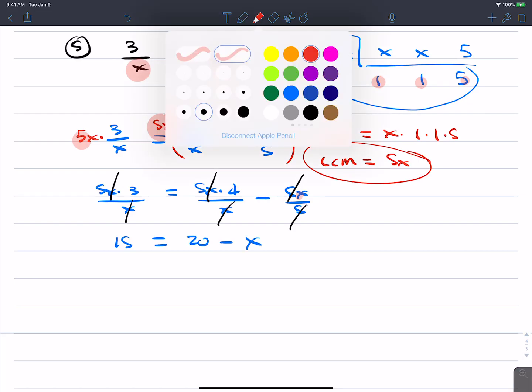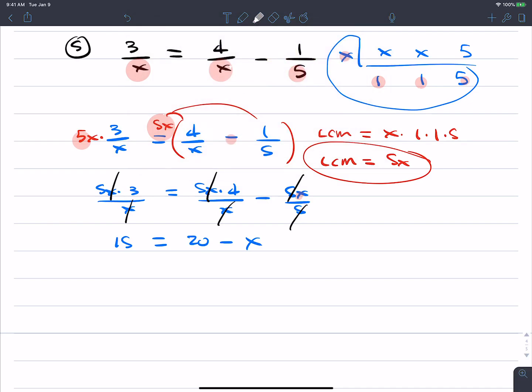Be very careful to see what's left. When you cancel, sometimes it's hard to see. You got a 5 here, you got a 3 there. Is that true? You got a 5 here, you got a 4 there. Here we have an x. So double check to see whether we're okay with that. So now I get 15 equals 20 minus x.